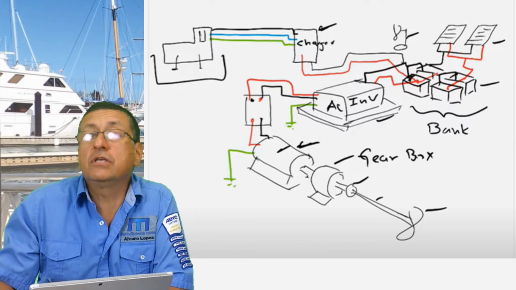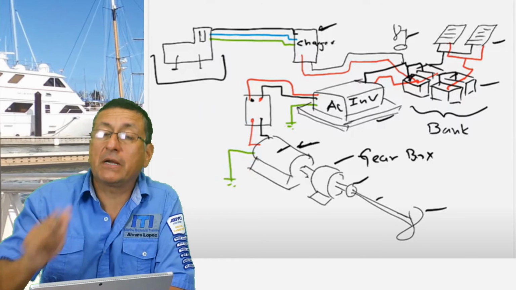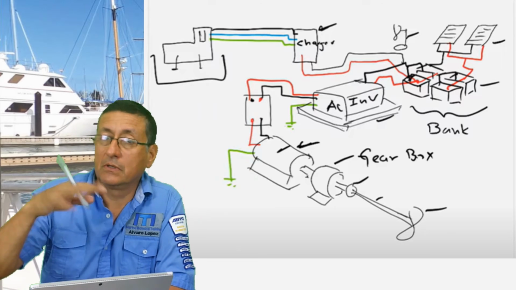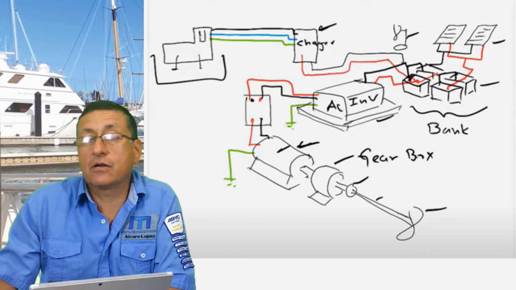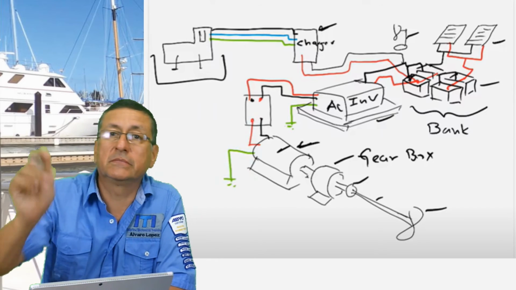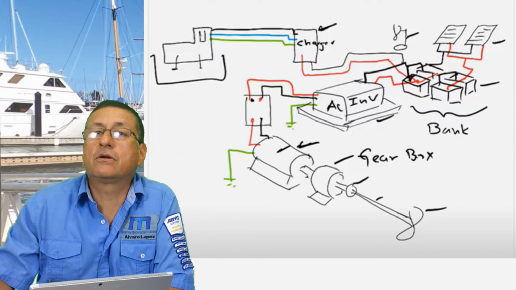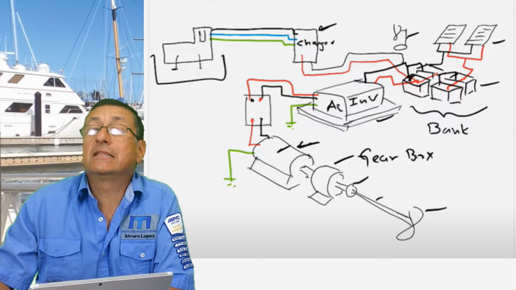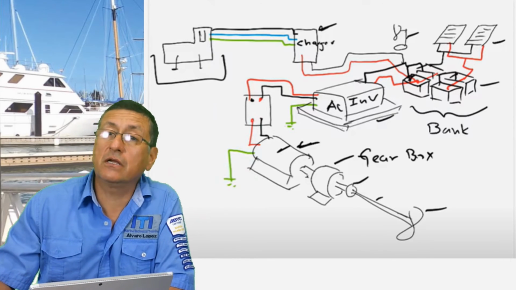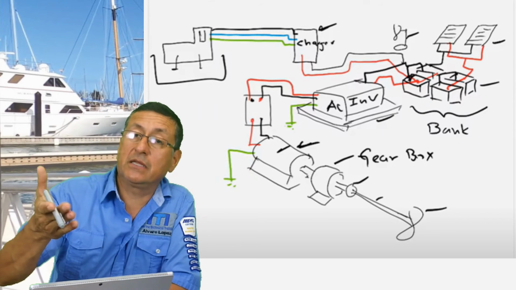This is a good design because in that particular case, the AC power feeds the air conditioning equipment and the stove, the refrigerator with AC power. And that AC power is coming from the inverter.